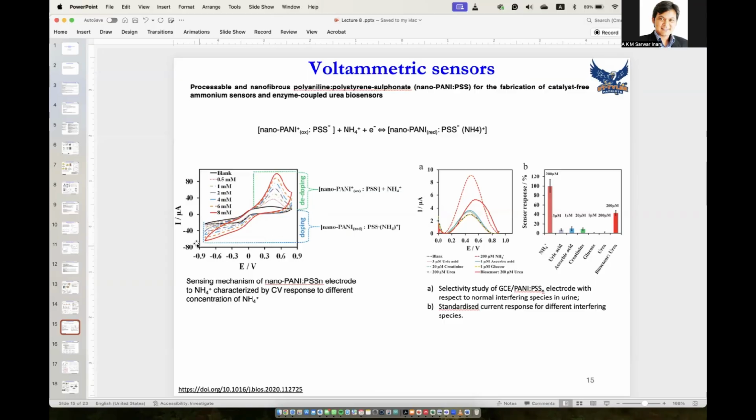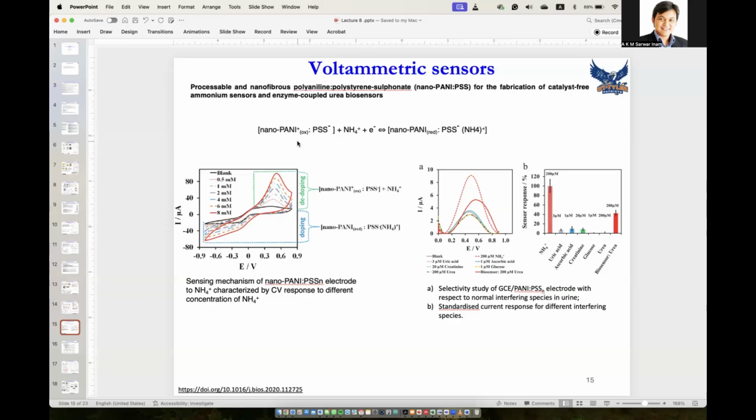In the negative scan of the CV, the positively charged PANI backbone in the PANI PSS matrix is reduced to a neutral state without a charge. And while the positively charged ammonium molecule inserts into the nanoPANI matrix, which you can see in this equation.